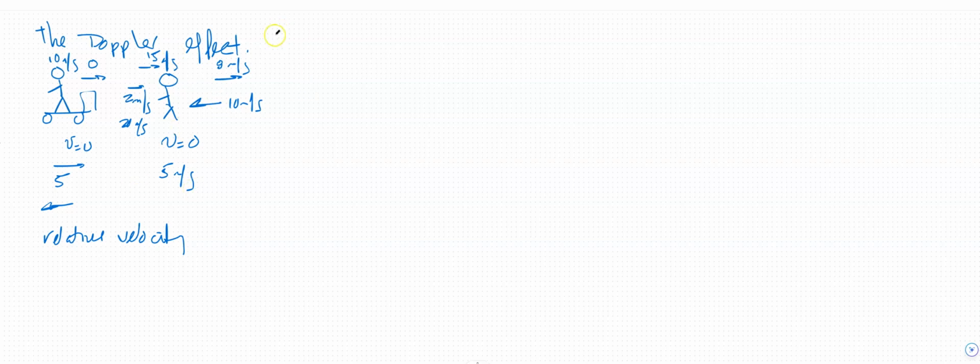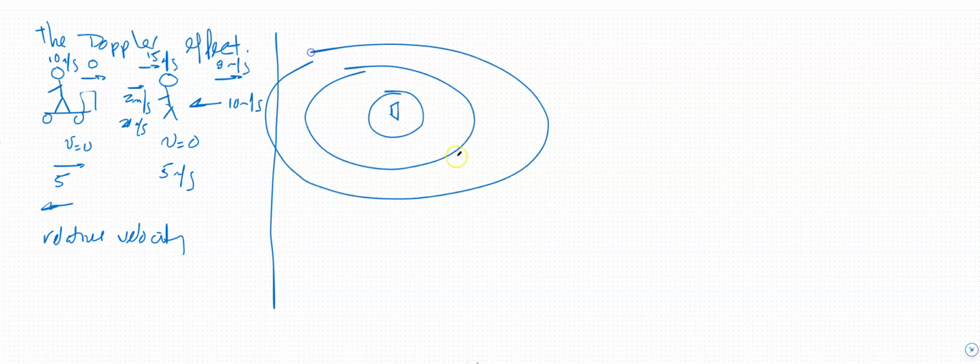Okay, with that in mind, let's see what happens with sound. What we saw is that the source of sound is here, and we said that the source can be moving, the perceiver, the listener, can be moving as well, left and right.